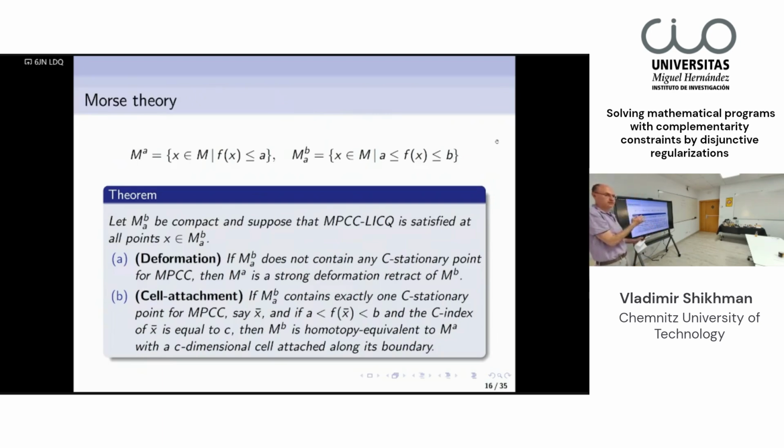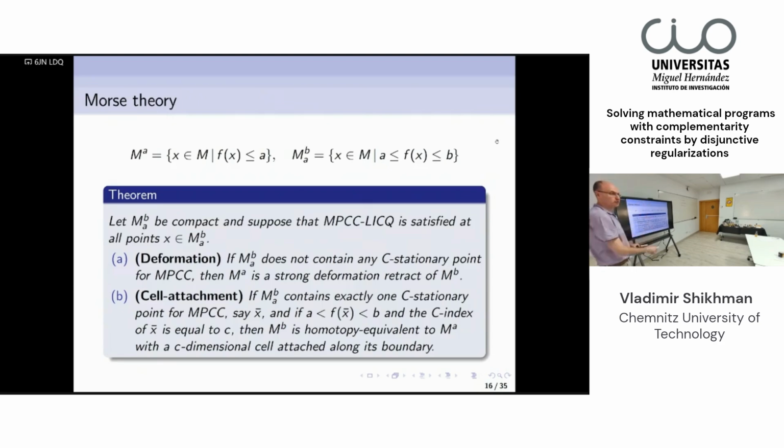But I mean, you need to see it once because then we regularize and we study these invariants. So these are the objects: MA, the lower level set for A. MAB is the intermediate feasible set between A and B. And okay, compactness. So deformation says if MAB does not contain any C stationary point, then MA is a strong deformation retract of MB.